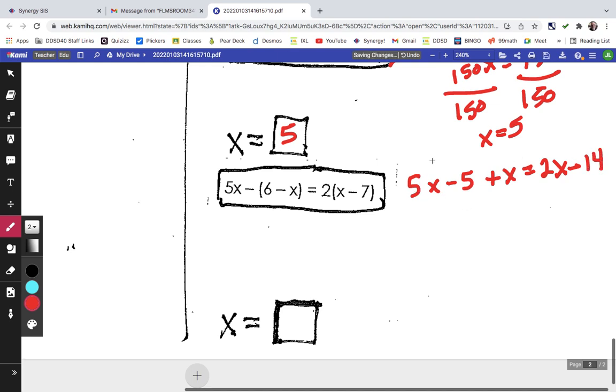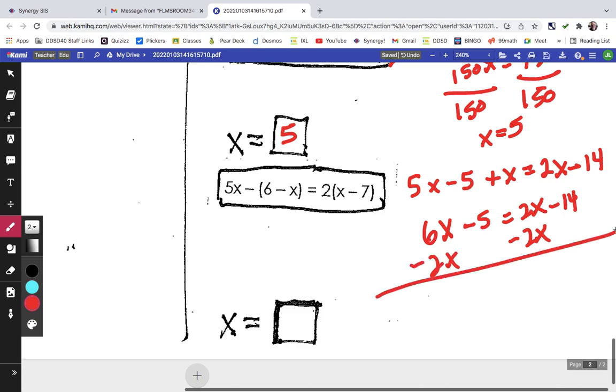So if I combine 5x with x, I get 6x minus 5 equals 2x minus 14. I'm going to create a 0 with this 2x. So 4x minus 5 equals negative 14. I'm going to add 5.